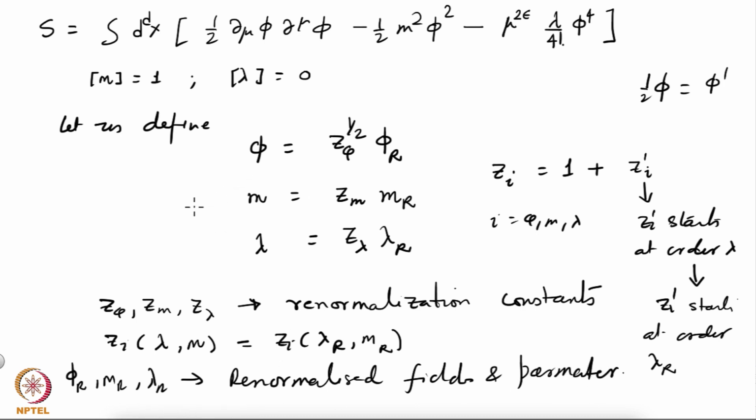Because the z factors are multiplying the phi r's, this is called multiplicative renormalization.